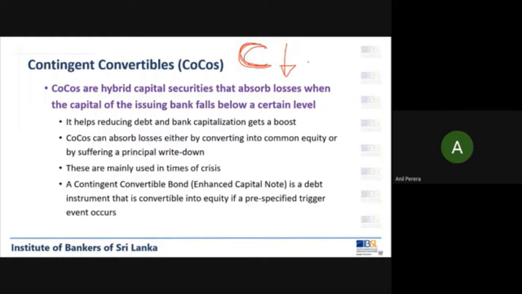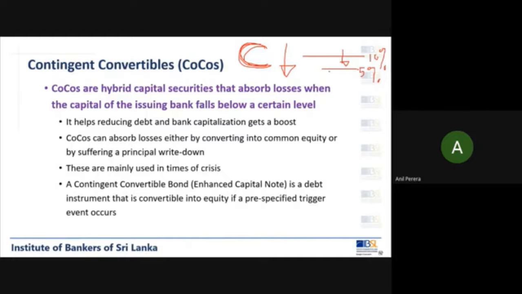Now we know a bank has a certain threshold of capital. Let's say 10% of risky assets; against that, you have to have capital. Assume your capital goes down below this 10% and reaches 5%. So now the bank is at huge risk. It could even collapse.